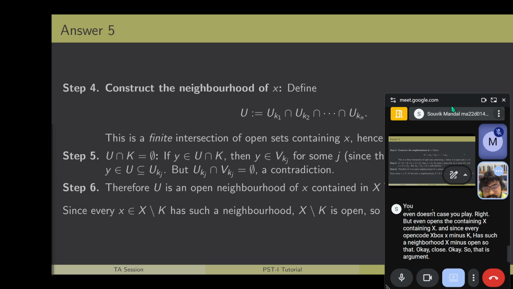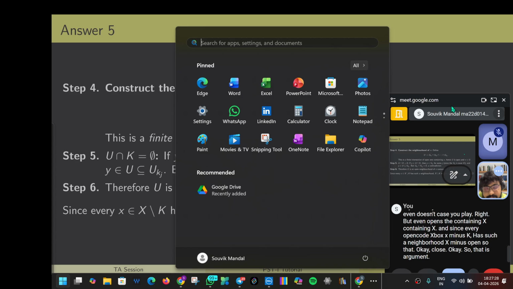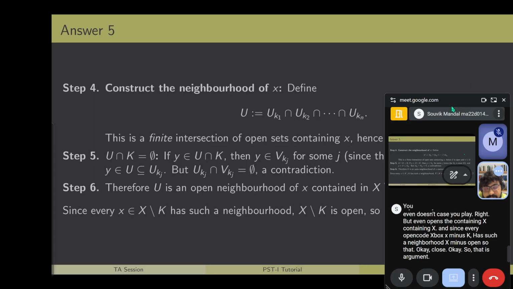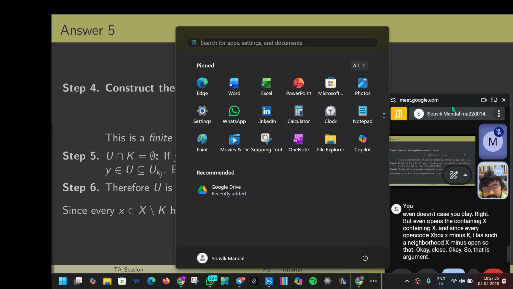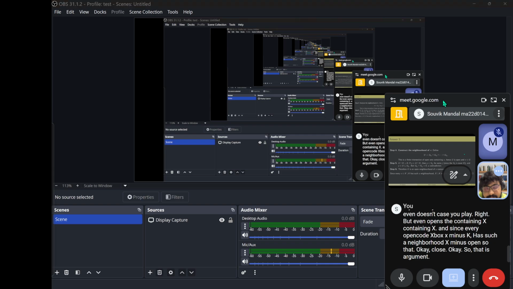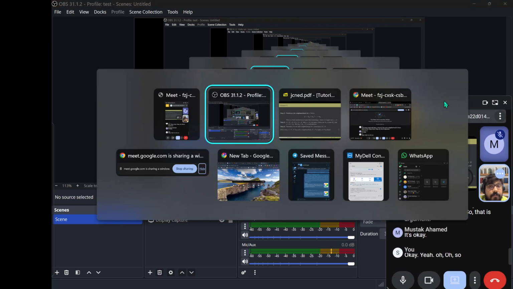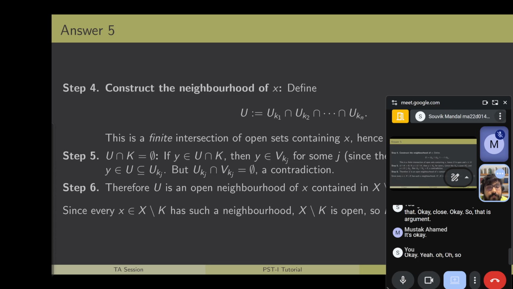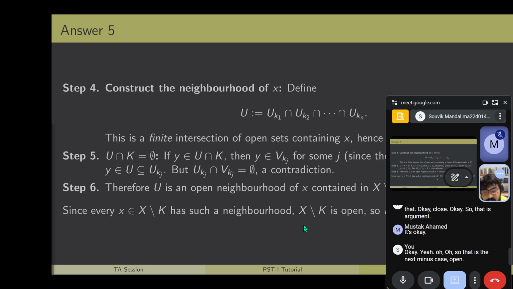Is that clear? So that tells us that X minus K is open, thus K is closed.